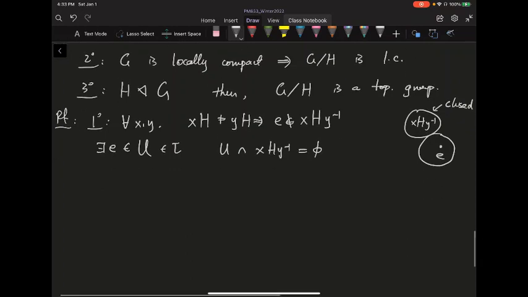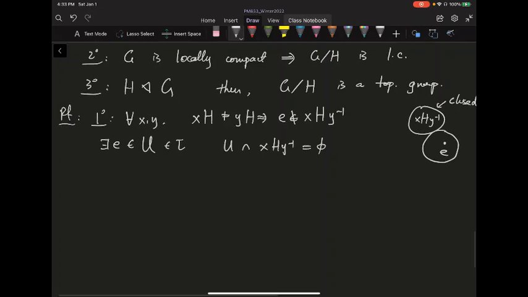With a lot of generality, I can find an even smaller sub-neighborhood of this U so that it is symmetric and U dot U is still disjoint from xHy inverse. So with a lot of generality, we may just assume that U is symmetric and U dot U is also disjoint from xHy inverse, that's equal to empty.